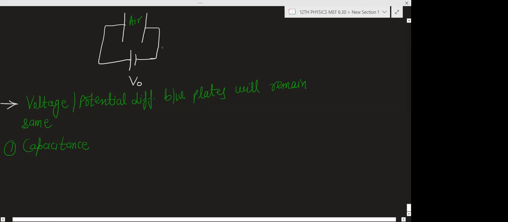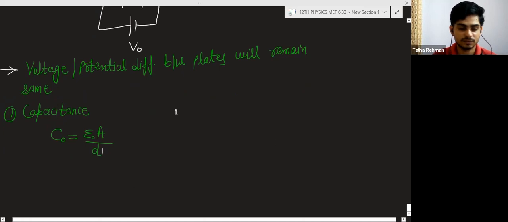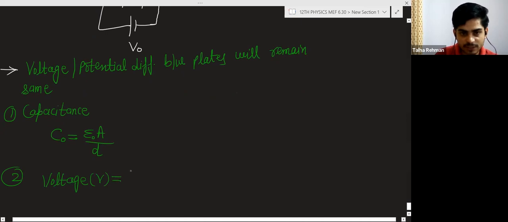So capacitance, if we want to calculate, is epsilon 0 A by d. So capacitance will remain same when the battery is connected. And voltage V, if I want to calculate, will also be equal to V naught, remains same till the battery is connected.